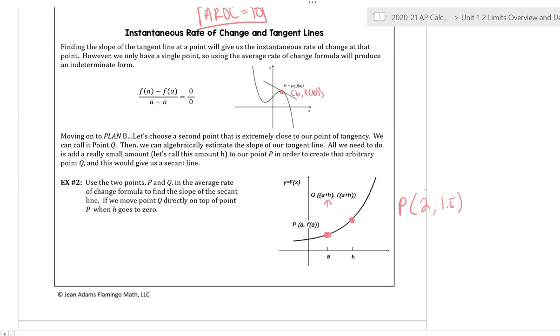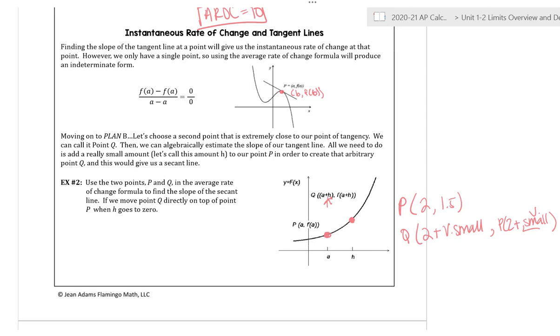So point Q would be 2 plus something very small, and then that output plus something very small. We're going to call that very small number h here. So we're saying that point Q is A, but with just a tiny bit more added.